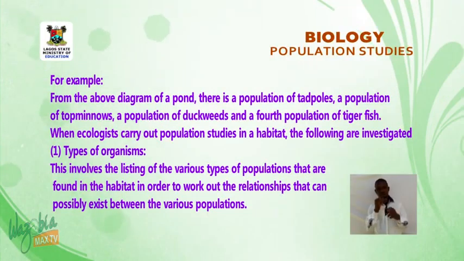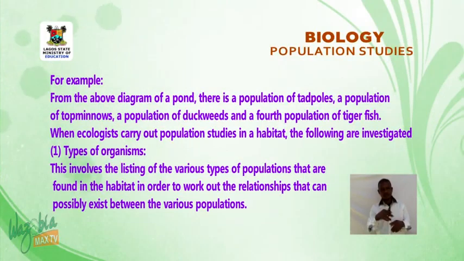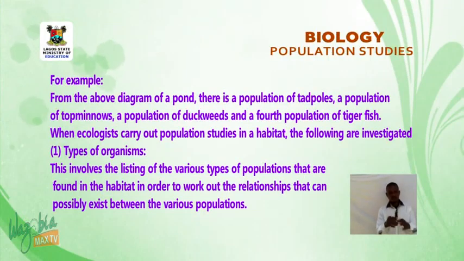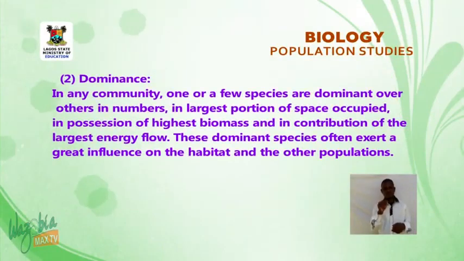1. Types of organisms. This involves the listing of the various types of populations that are found in the habitat in order to work out the relationships that can possibly exist between the various populations. 2. Dominance.